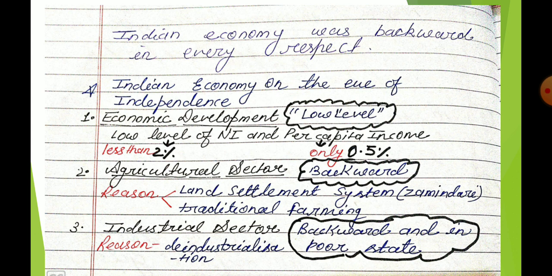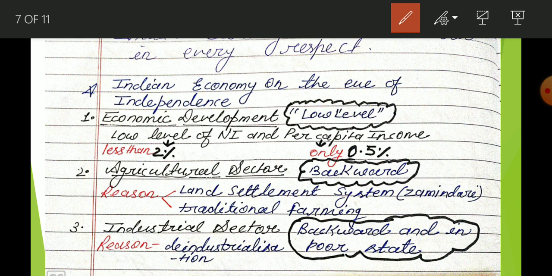I am using the words backward and stagnated again and again. Backward means if anyone is making less progress than the normal condition, it is known as backward. Suppose you are getting very low marks and you only just pass, then your marks are very poor.